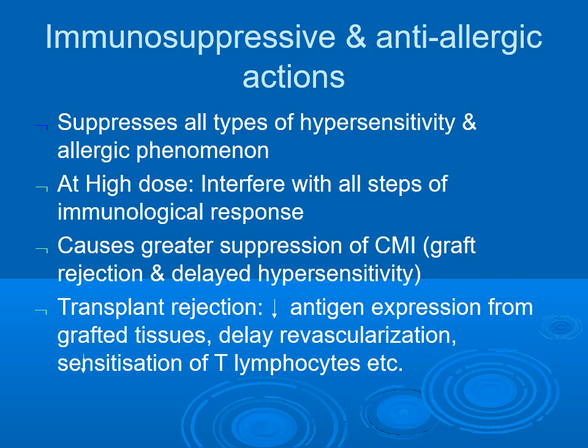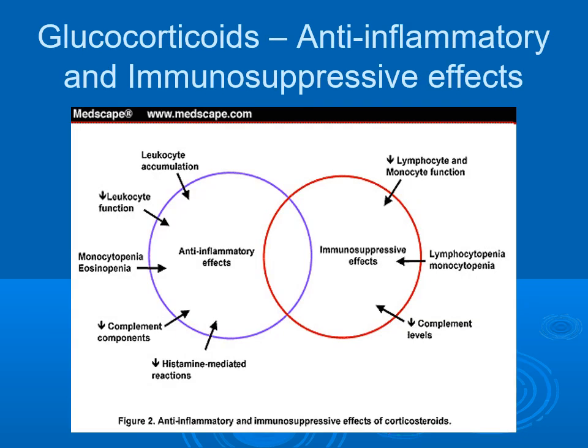In transplant rejections, they inhibit antigen expression from grafted tissue, delay revascularization and inhibit sensitization of T lymphocytes, etc. In this slide, you can see the anti-inflammatory and immunosuppressive effects of glucocorticoids.